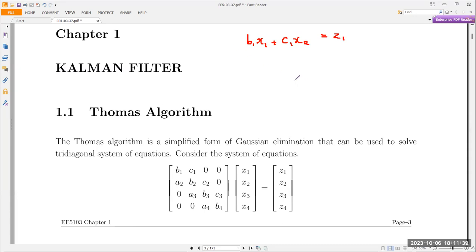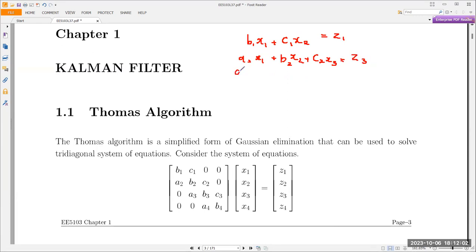Then A2 x1 plus B2 x2 plus C2 x3 equals Z3.